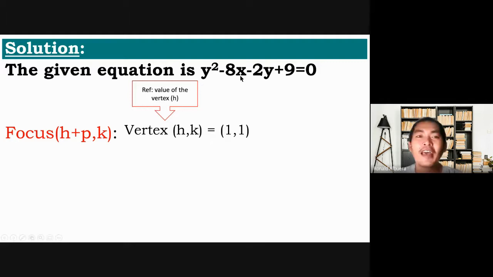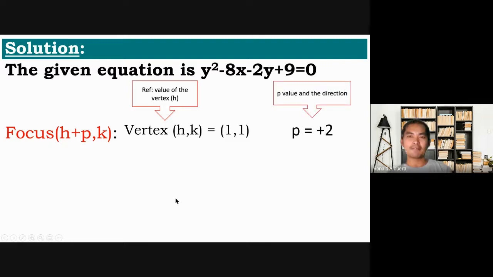Pag vertex, kung ano yung may second degree, yun po ang kinokopya. Ang may second degree natin ay y, kaya kinokopya lang yung y sa focus. Ang walang second degree ay x, kaya doon i-add yung x value ng vertex as the value of the focus.